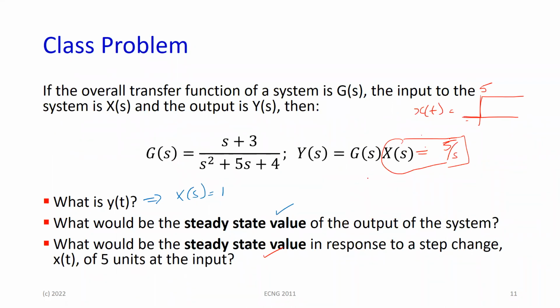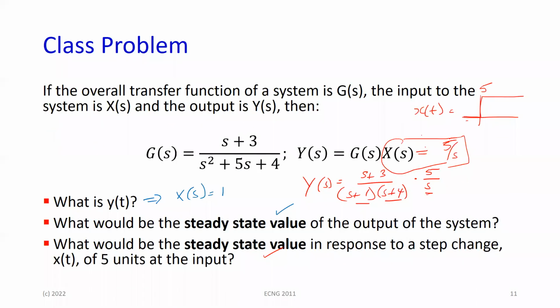You would have S plus 3 over S plus 1 into S plus 4, right? And you multiply this by 5 over S. So YS would be equal to that. And you would now have to find the inverse transform of this. So it would be something over this, plus something over this, plus something over S.